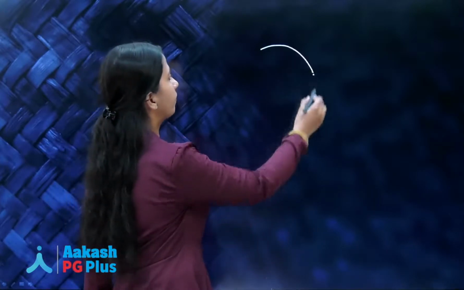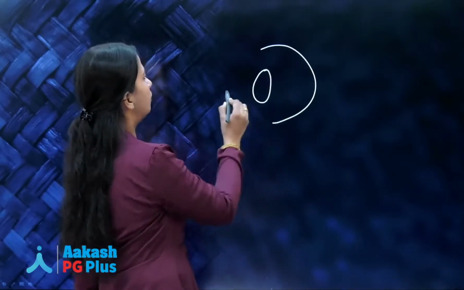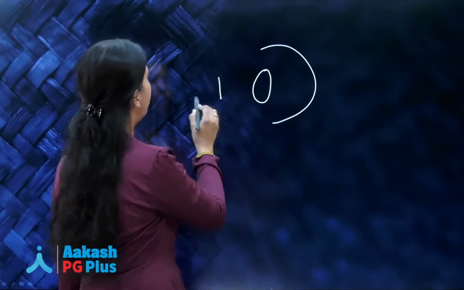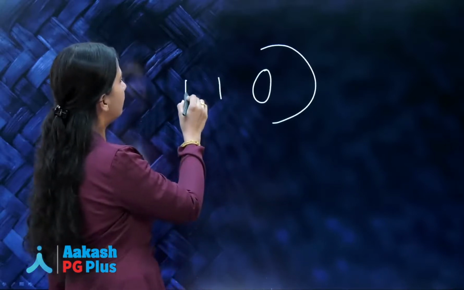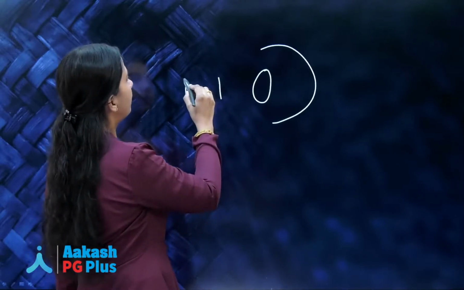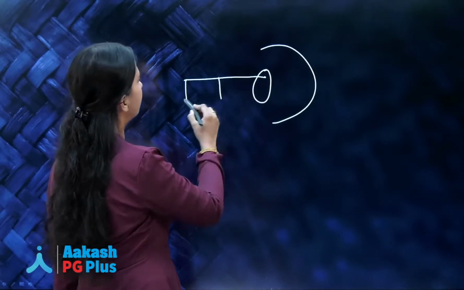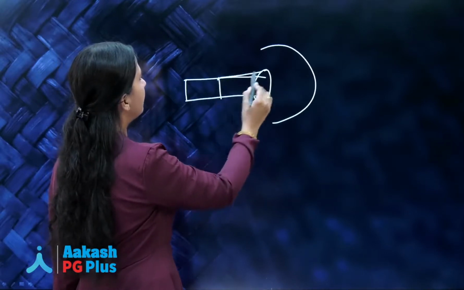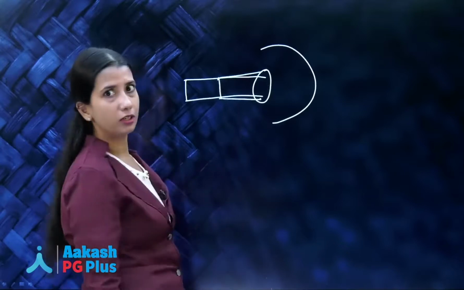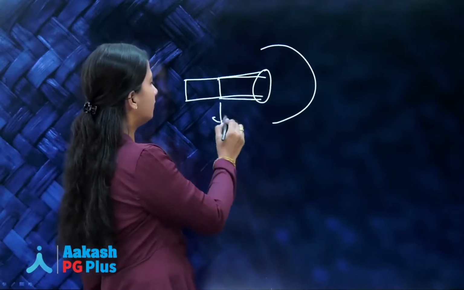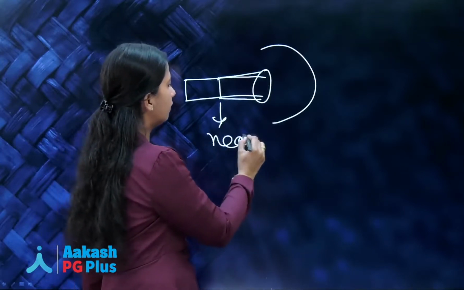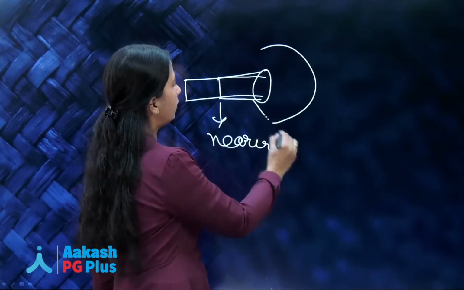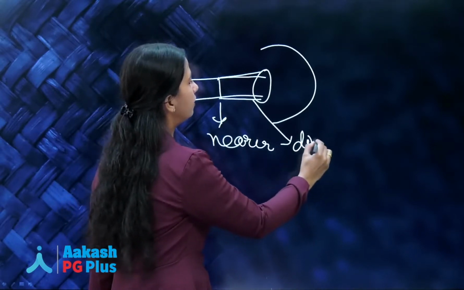Now let us look at a case scenario. This is the eye, this is the natural lens, and one object is here, another is here. So from here the rays are coming like this, but from here the rays will be more divergent. So if an object is nearer, the rays which are coming are divergent.